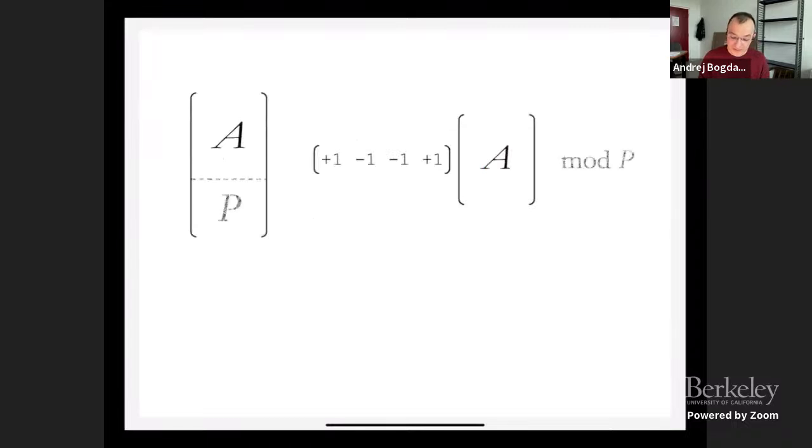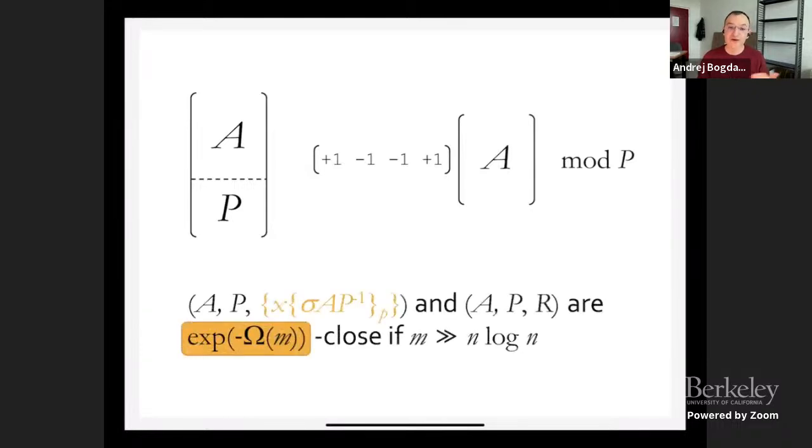And this is the way their construction looks algebraically. Instead of working with the matrix A, first they cut out a square matrix P out of it, and they think of this as the parallelepiped modulo which they're going to work. Then they compare what happens to the two distributions when I take a random matrix A and reduce these points modulo the parallelepiped.